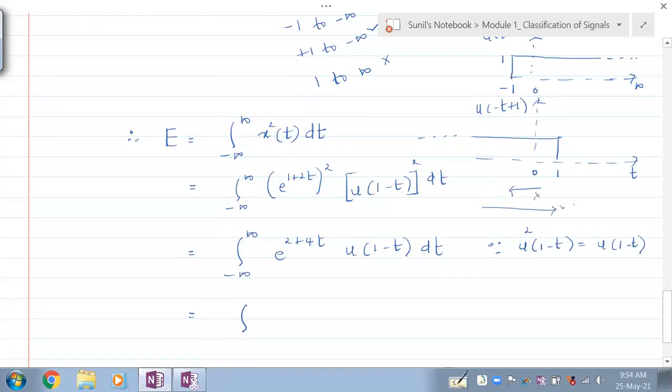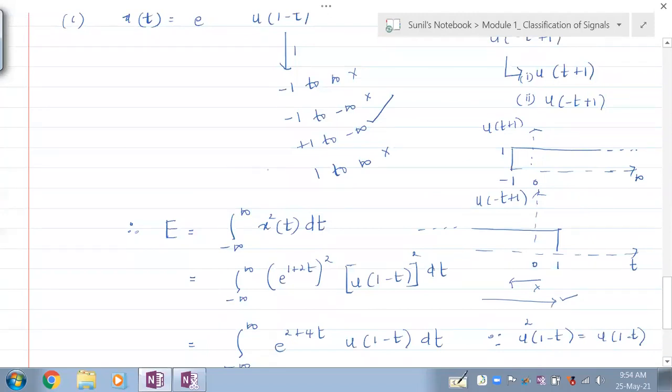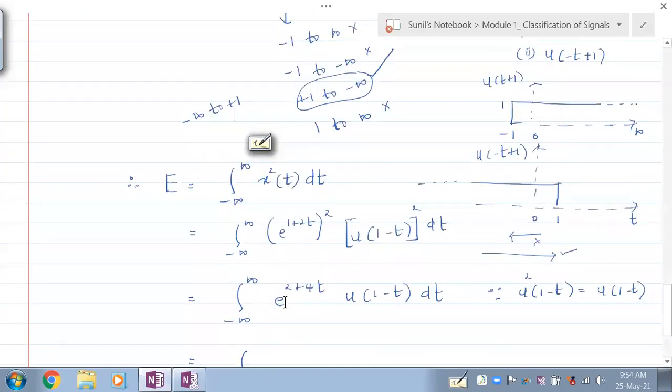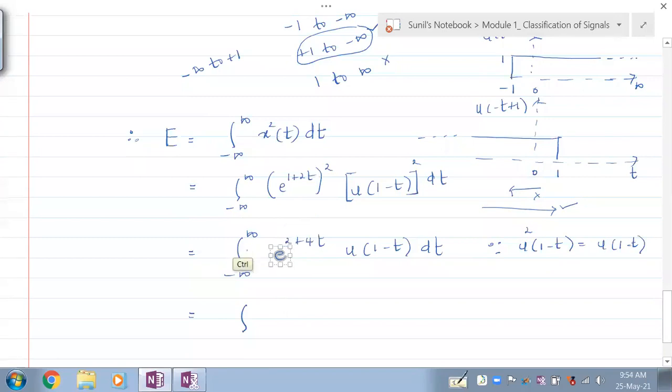So just leave this and go with this direction. When we range as minus infinity to plus 1, that is correct in integration. So remember that. It's minus infinity to what? 1. Is this understood?